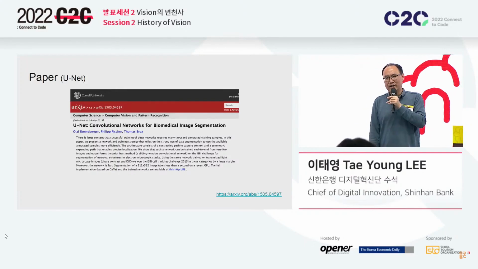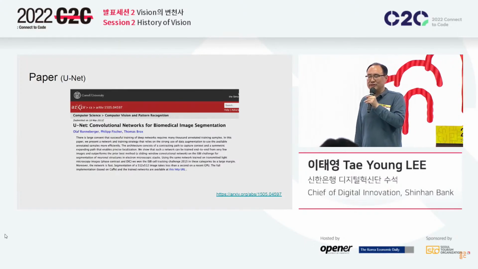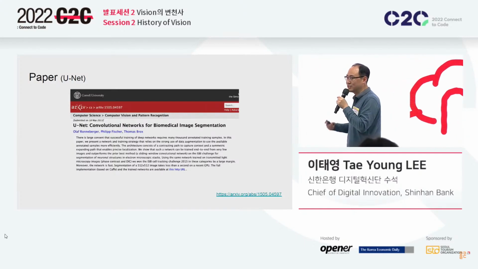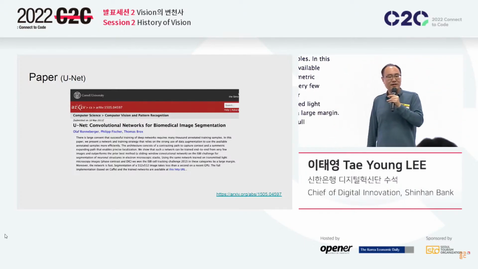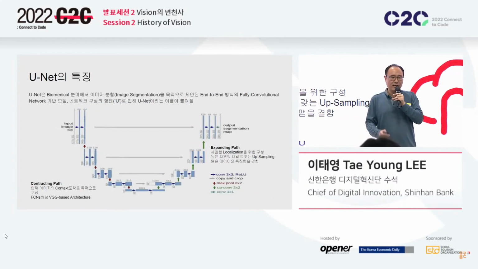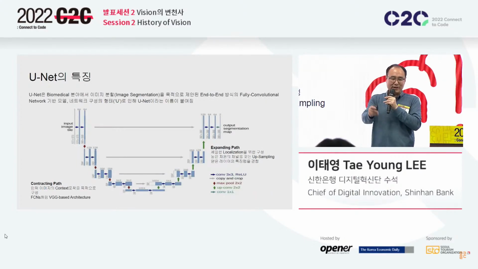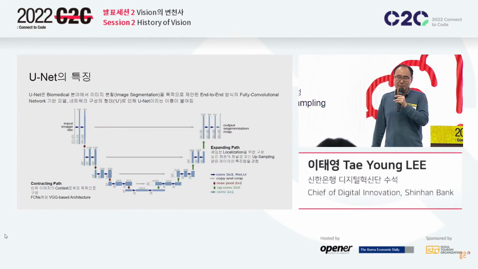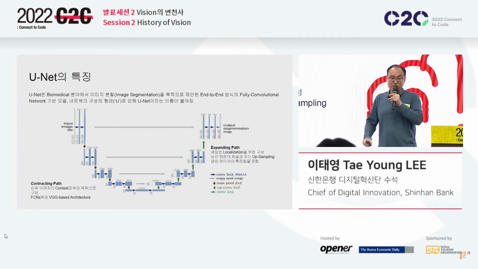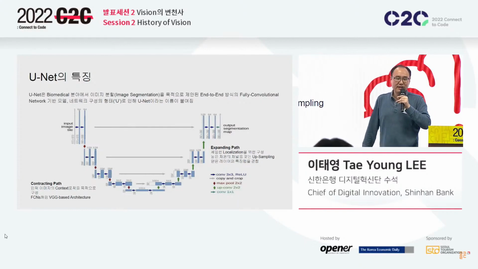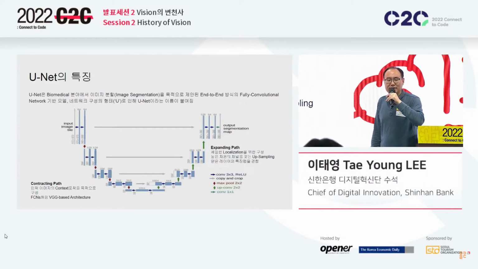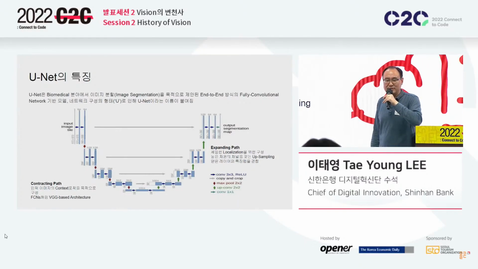And it is used in order to improve the CNN, meaning that it requires a high level of accuracy, right? And UNet refers to a U-based network, as they are expanding a path based on U. That's why it is called UNet.